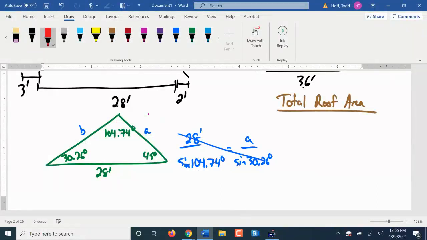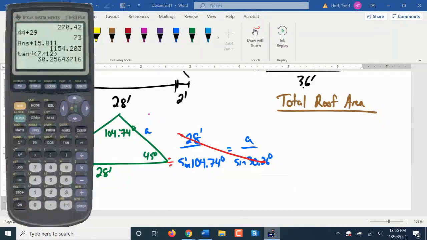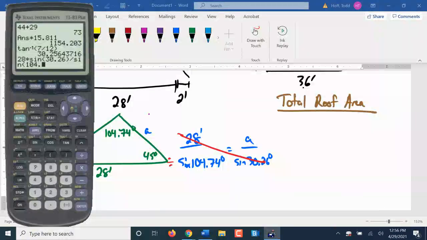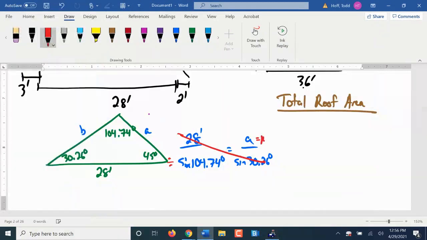So we're going to cross multiply and divide here to find A. 28 times the sine of 30.26. Make sure you close that parentheses. Divided by the sine of 104.74. Gives us 14.59 feet. This is 14.59 feet.